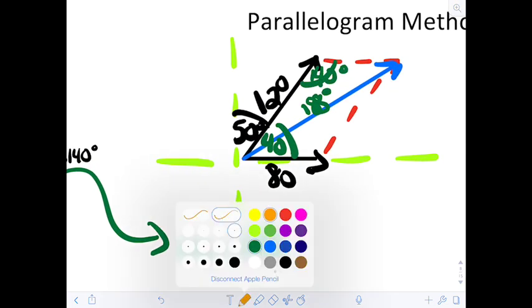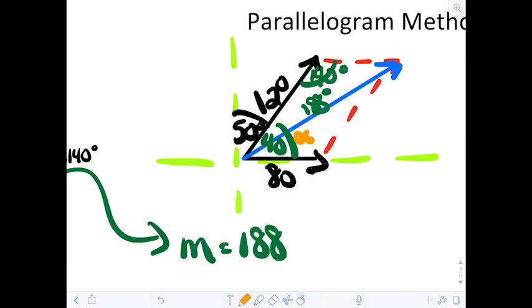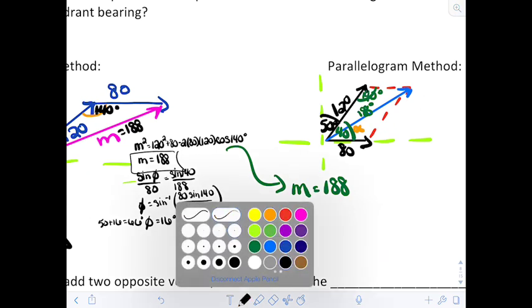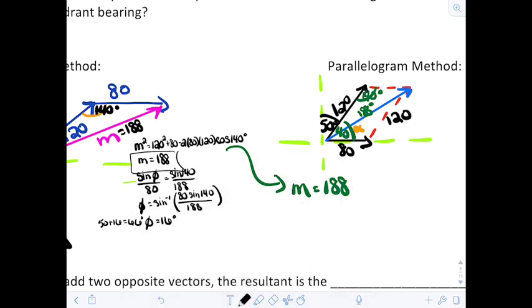With this one, I actually went in and I found this angle down here by using the law of sines. I did the sine of, oh, actually, hold on, let me label this. This is also 120. So I would have the sine of alpha over 120, and that would be equal to the sine of 140.